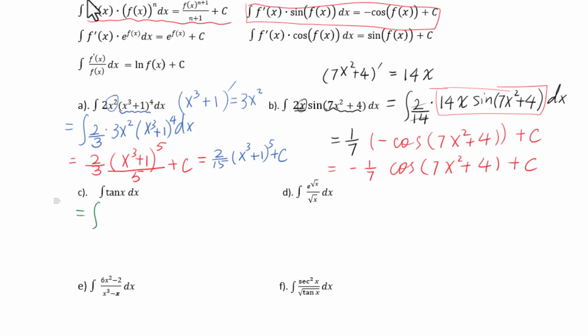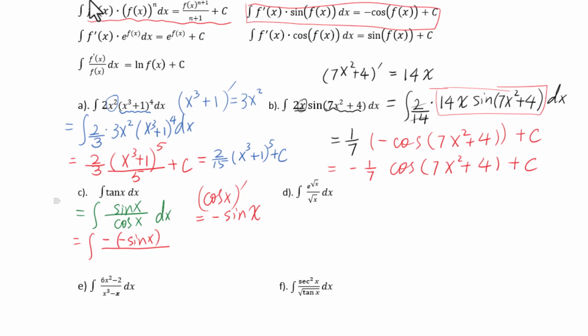Let's go to C. For tangent x, we will change it into sine x over cosine x dx. Because cosine x, prime, equals negative sine x, we will change the numerator to negative sine x.